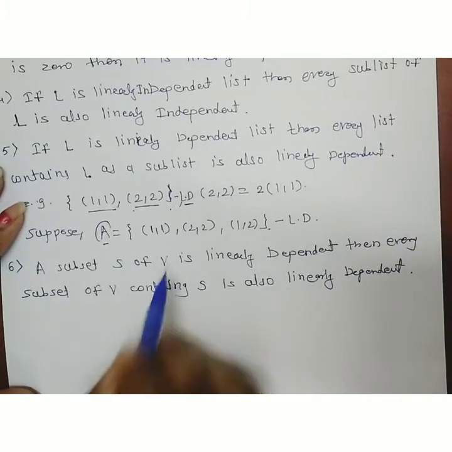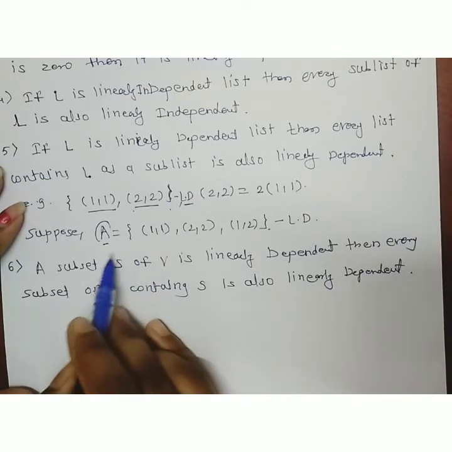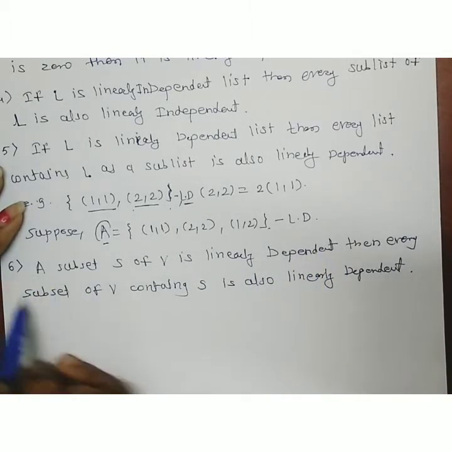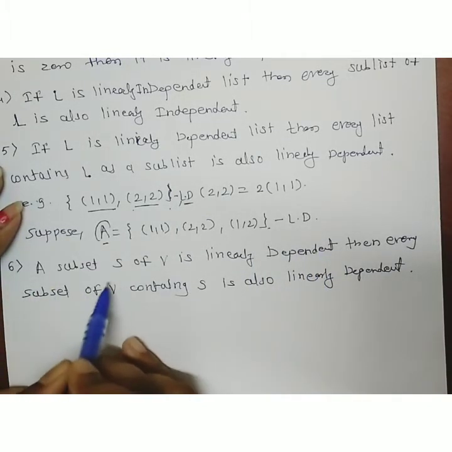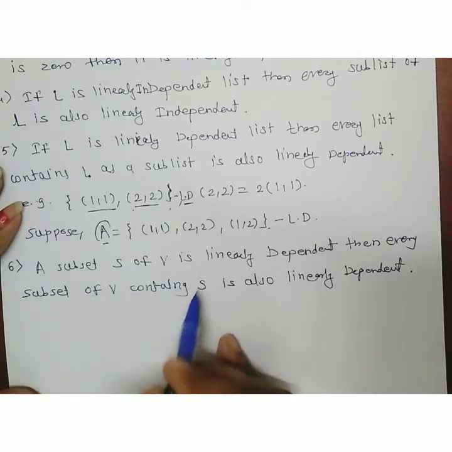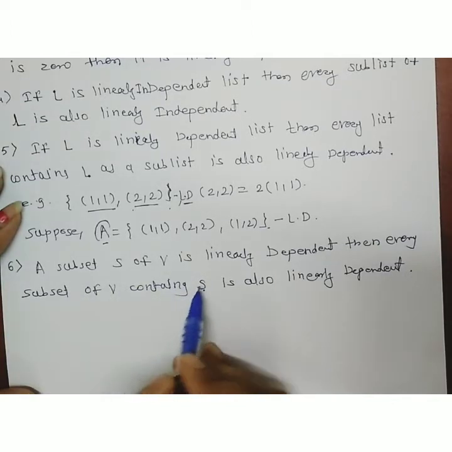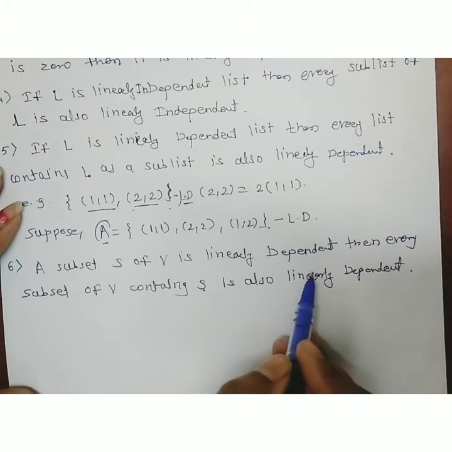If we have any vector space V and S is a linearly dependent set in that vector space, then any other subset of V containing that set S is also a linearly dependent set.